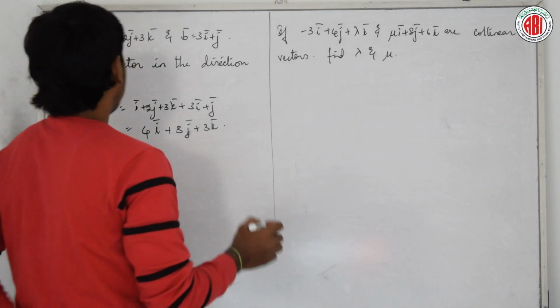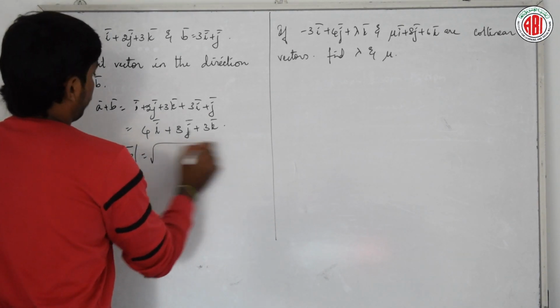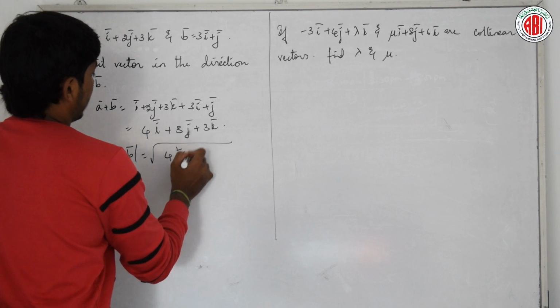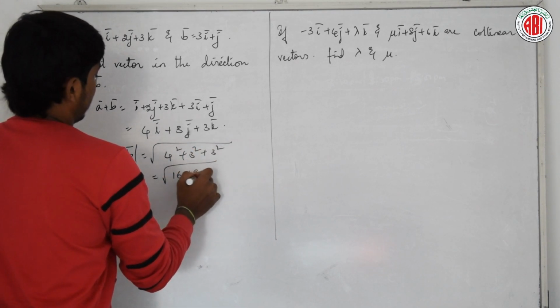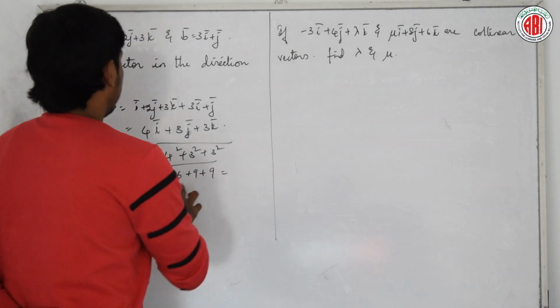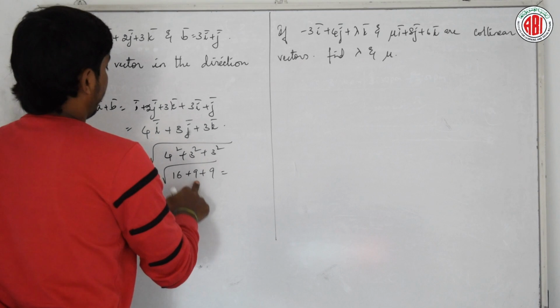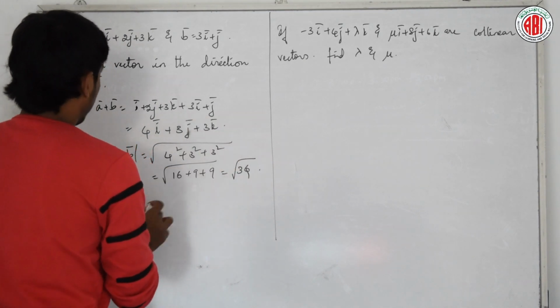Now what is the magnitude of this A bar plus B bar? That is 4 square plus 3 square plus 3 square. That is 16 plus 9 plus 9. How much is it? 16 plus 9 is 25, 25 plus 9 is 34.